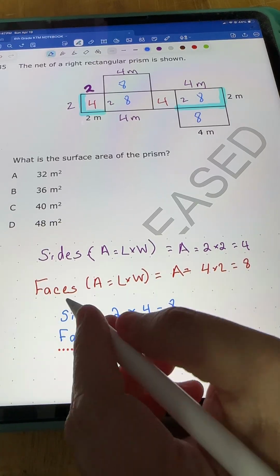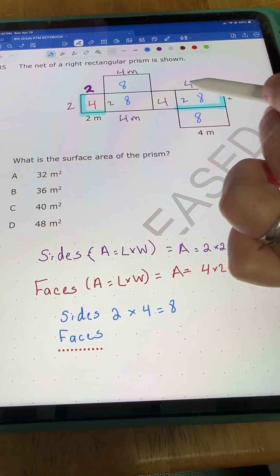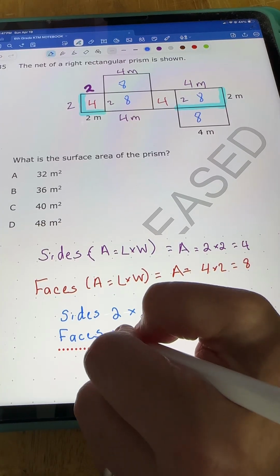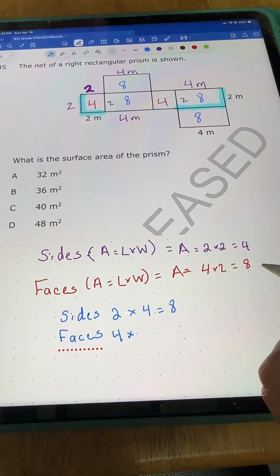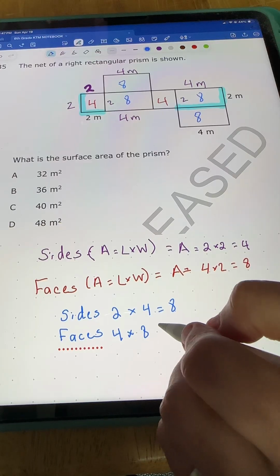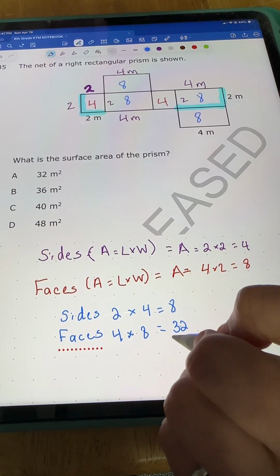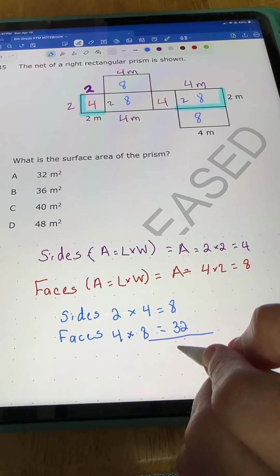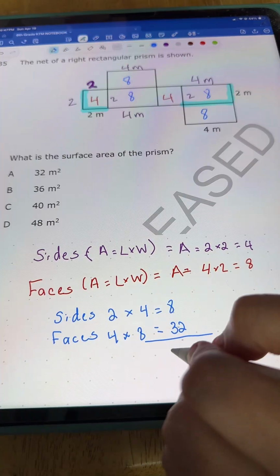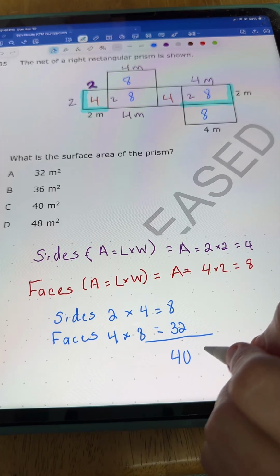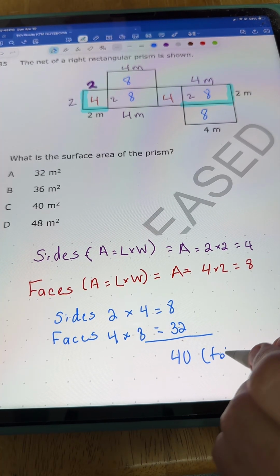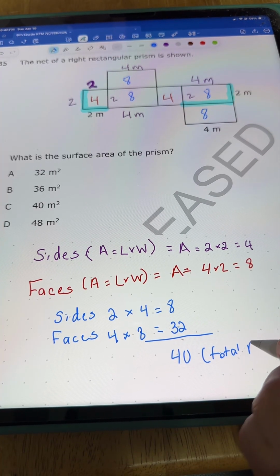I have 4, 1, 2, 3, 4. And the area of each is 8. 4 times 8 is 32. And then add those numbers together. 8 plus 32 equals 40, which is my total area.